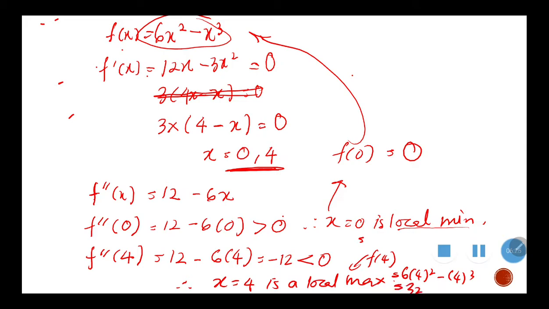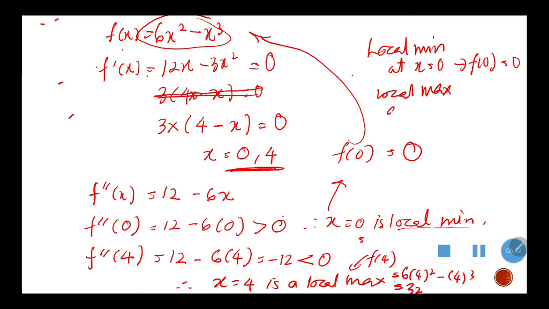So in conclusion, local minimum at x equals 0 where f(0) is 0. Local maximum at x equals 4 where f(4) equals 32. Do you see that the maximum value is high? 32, and the minimum is only 0.